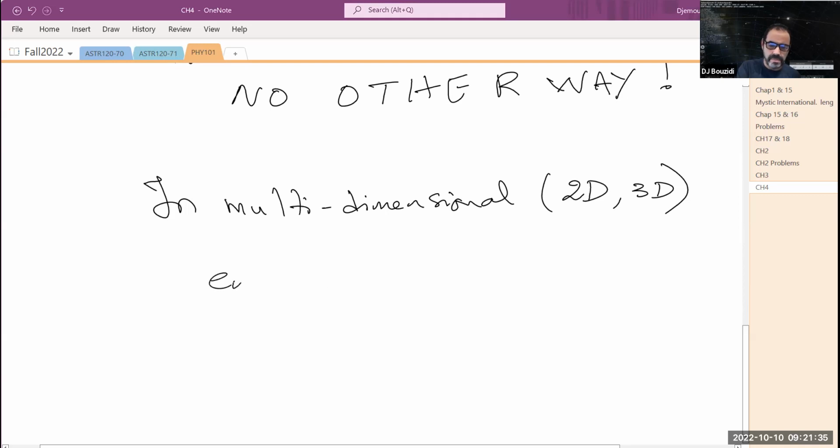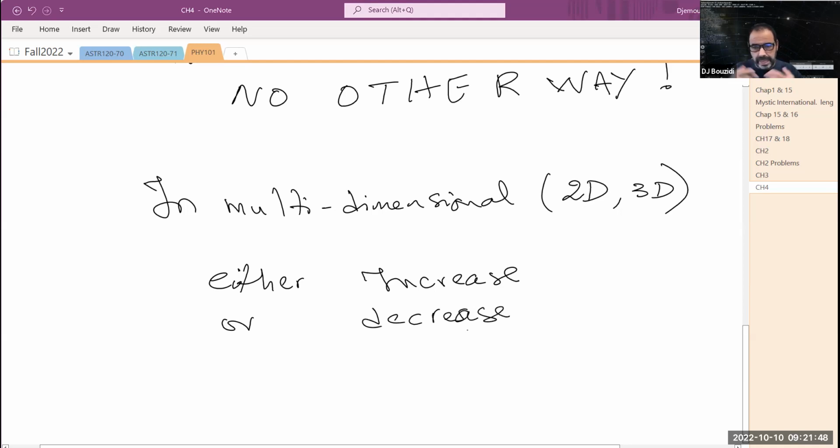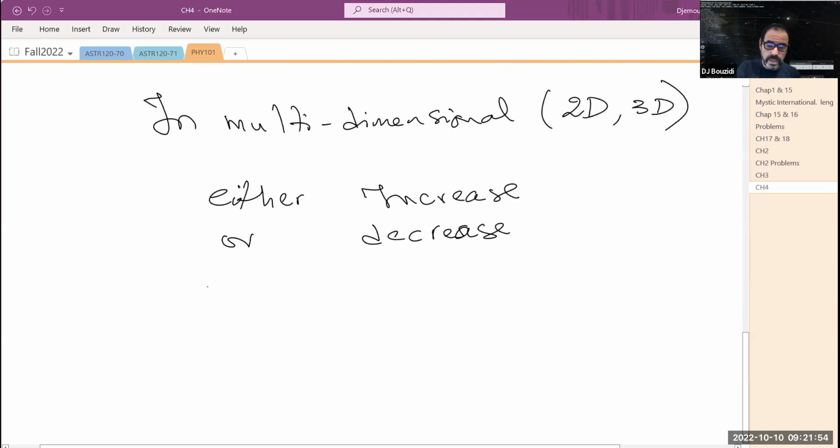Either increase or decrease, like before. So another way that the object could gain more velocity or lose more velocity, that will result in a change in velocity. Or turn clockwise.